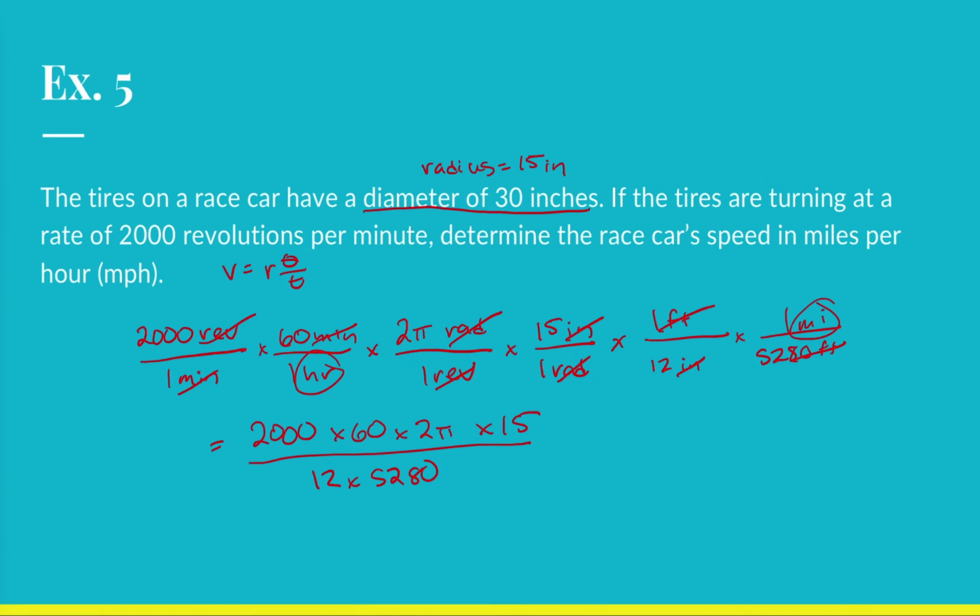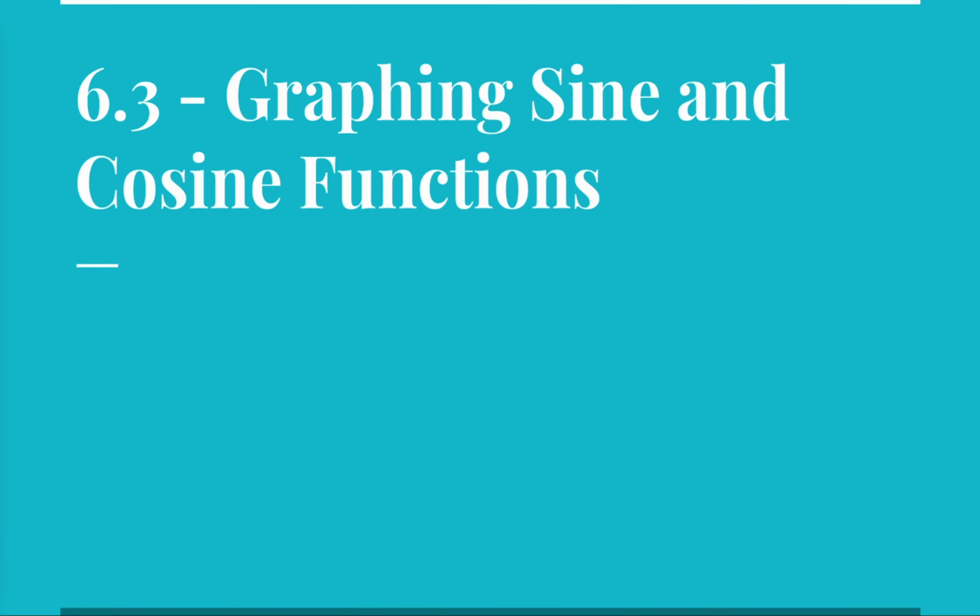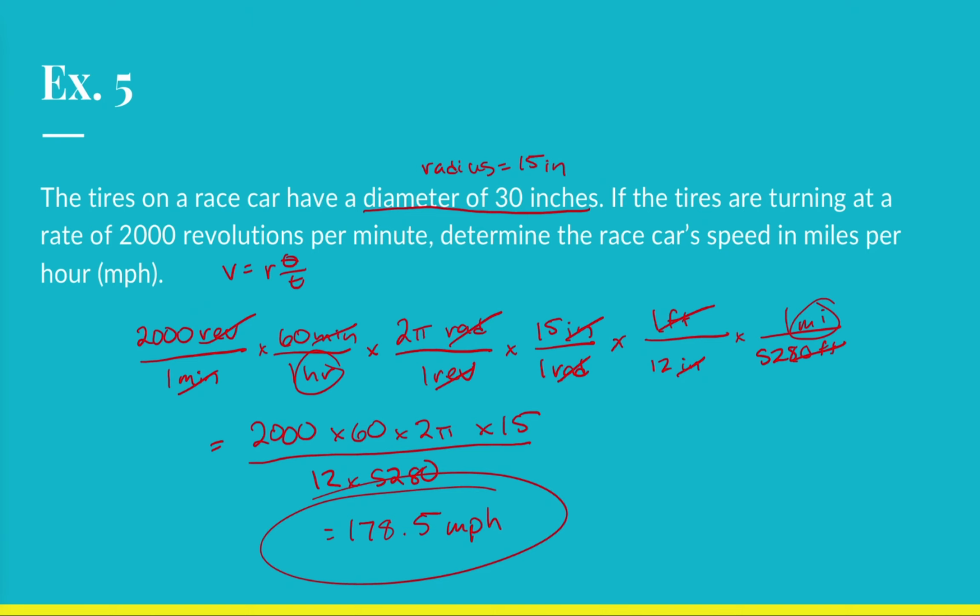You put all that into your calculator: times 60 times 2 pi times 15, and divide that by 12 times 5,280, and come up with 178.5 miles per hour. Dimensional analysis, it's a fun time. And that's it. Tune in next time for graphing sine and cosine.